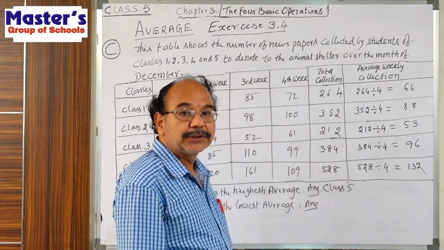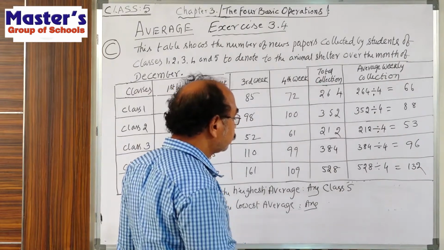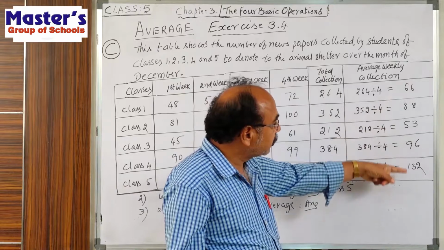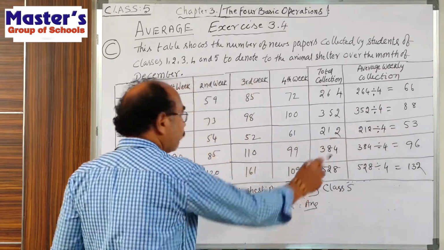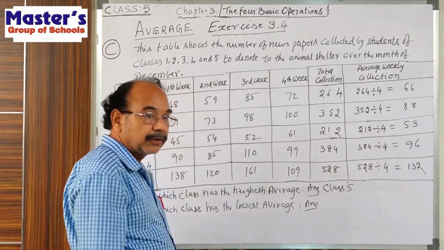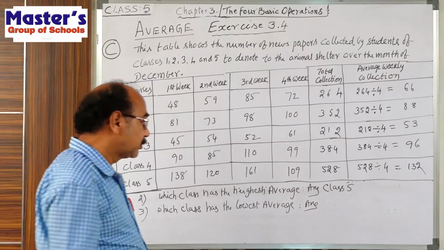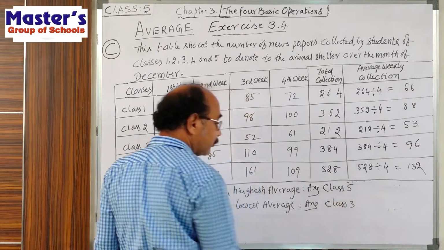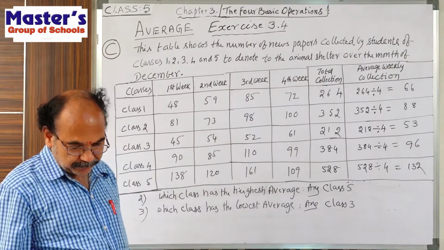Least, smallest. What is the lowest one here? What is the smallest number in all these averages? 53. That means 53. Which class here? Class 3. Class 3 has the lowest average. So here you write class 3. That is the third question.